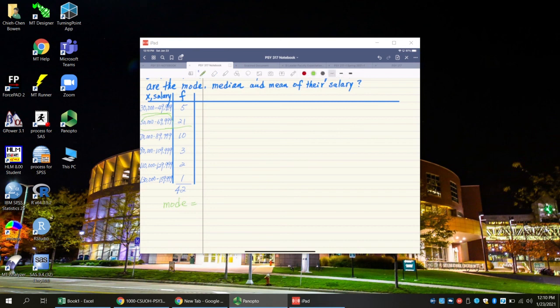So the mode is $50,000 to $69,000. So that's the mode, because the majority of people are in this salary range. Okay, median.